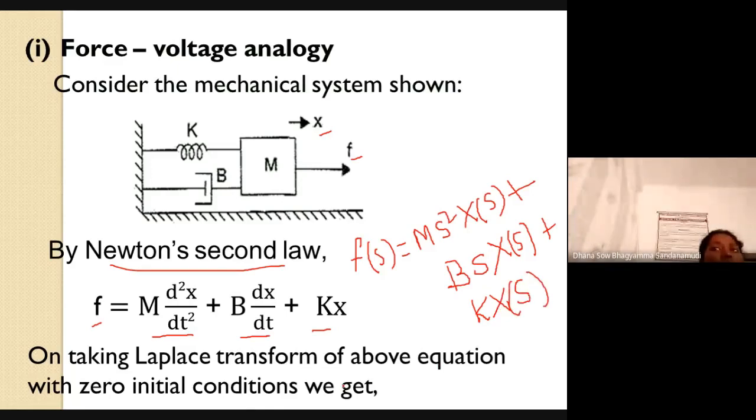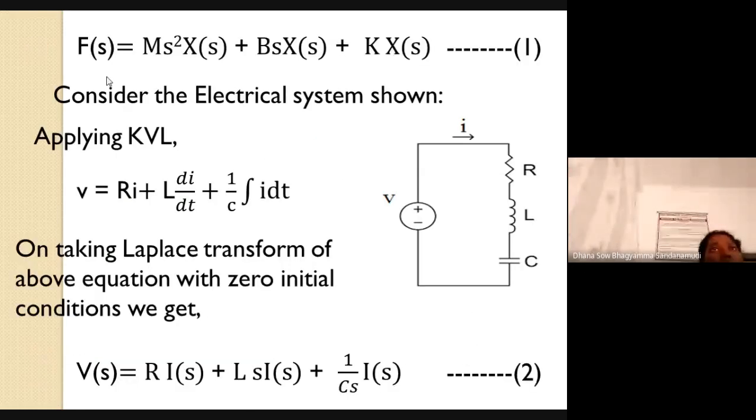This is my Laplace transformation equation. So I get F of s equals m s square X of s plus b s X of s plus k X of s. Consider it as equation number 1.